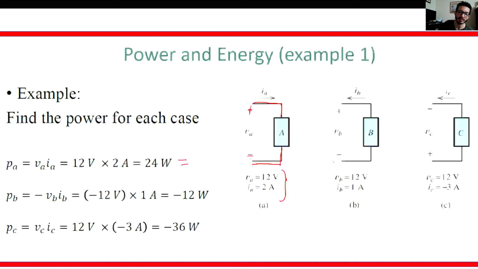Now, if you have another case where you're going from ground to positive and your current is flowing through your load from the ground to your positive potential, and you assumed that direction was positive, then you can also have positive power.